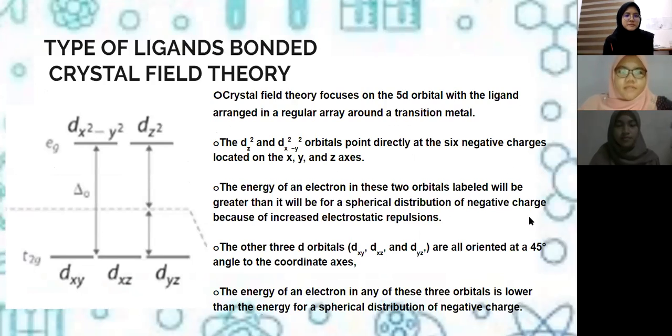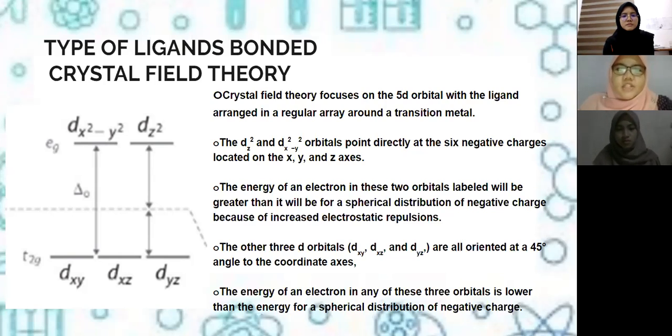For the type of ligand bonded in crystal field theory, focus on the 5 d orbitals. With the ligands arranged in a regular array around a transition metal, the dz squared and dx squared minus y squared orbitals point directly at the negative charges located on the x, y, and z axes.